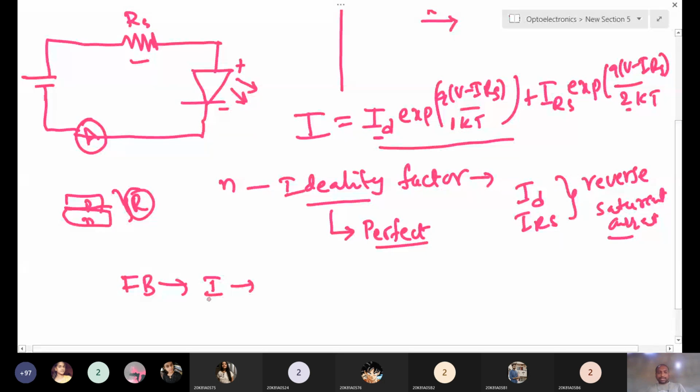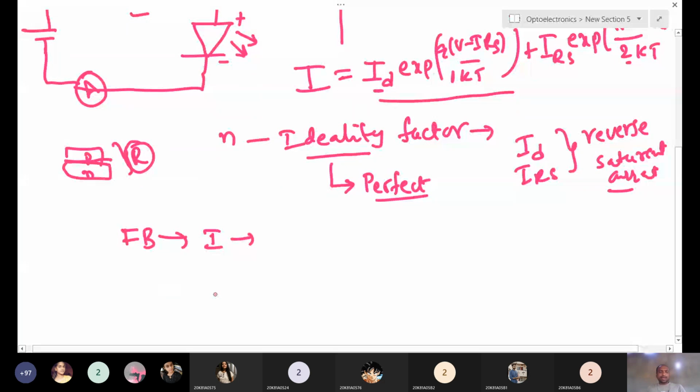In forward bias condition, how do we get the current? By diffusion mechanism or drift of charge carriers? And in reverse bias, how do we get the current, by drift or diffusion?